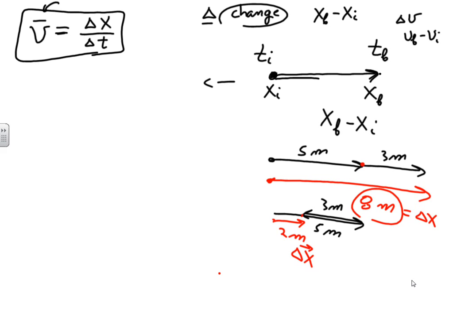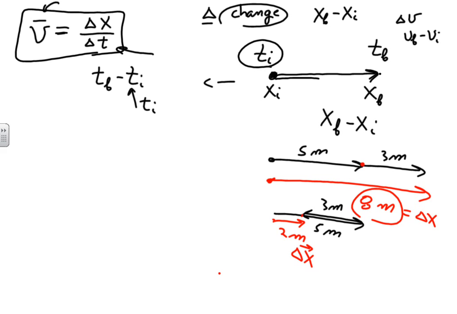Now, here's a shortcut you'll see when you read the book. A lot of times, they skip the delta of the delta t and they just write t. I hope that doesn't bug you, because delta t is t final minus t initial, but what's usually t initial every time you start your clock?